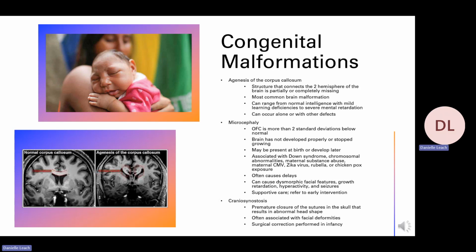The symptoms with it can range from having absolutely no symptoms to having mild differences in learning, mild learning disabilities. They could have some forms of mental retardation. They could have hydrocephalus and seizures. A lot of times, though, people don't even know that they have this. This defect can occur alone or with other defects of the brain or other malformations like facial malformations.